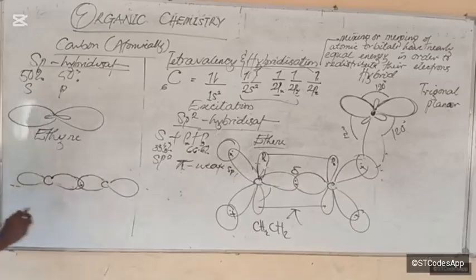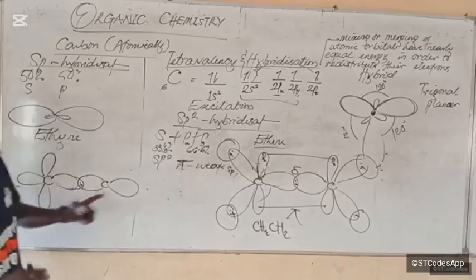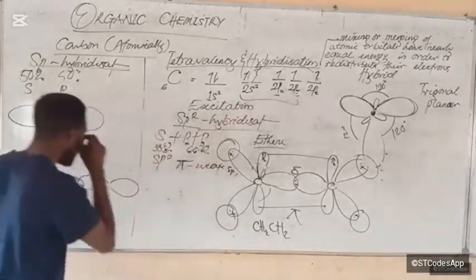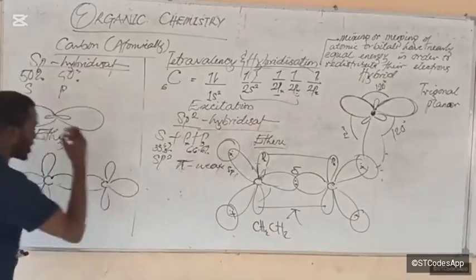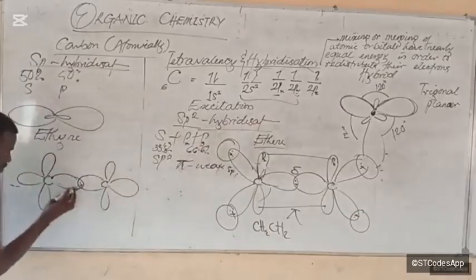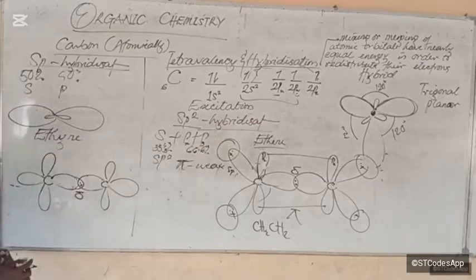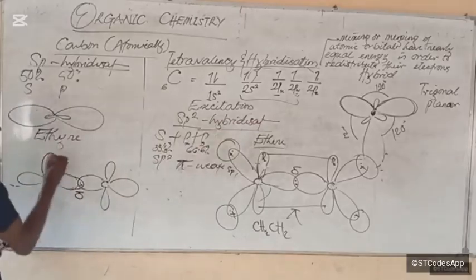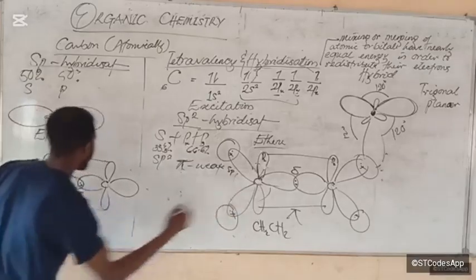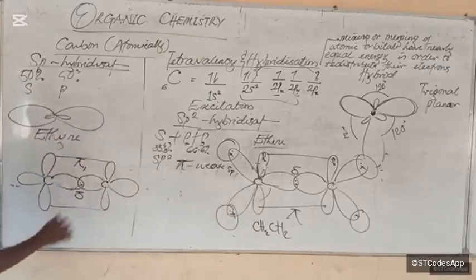Then what you will now see is that on the y-axis, remember the py did not hybridize. The py did not join the hybridization. So this one is going to form a sigma bond, while the two here are going to form, just like here, the first pi bond.